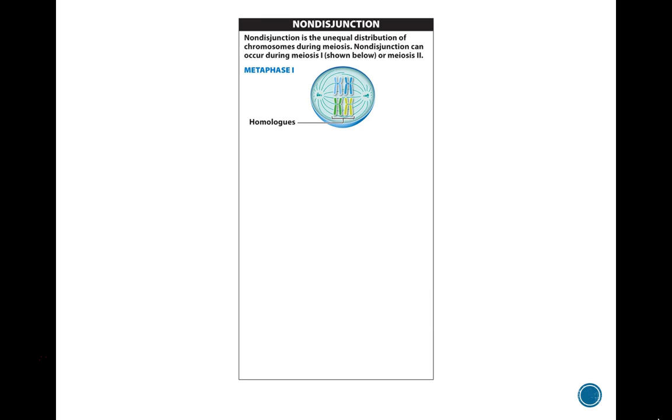So here we have our homologous chromosomes. We've got our homologous blue chromosomes and our homologous yellow or green chromosomes. You can see that the spindles are attached to each set, just as they should be in preparation for pulling those chromosomes apart. But once we start pulling them apart, we see that the blues have separated, but the yellows have not.